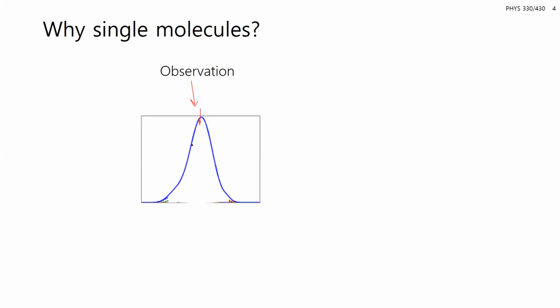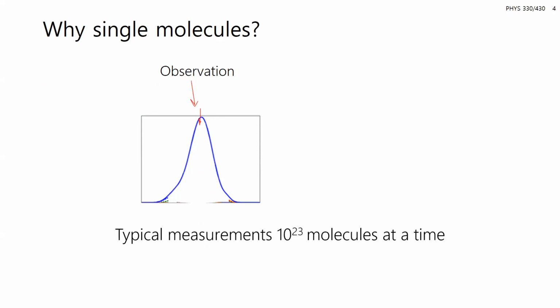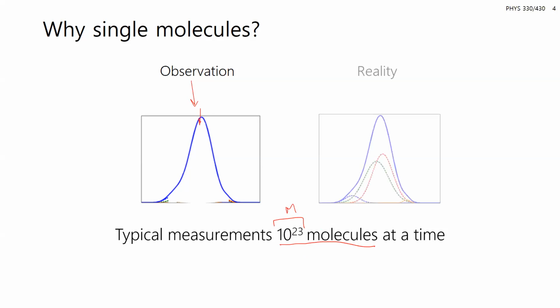But in actuality, there may be underlying heterogeneity, and these types of measurements are done, I would say, at molar, millimolar, or micromolar concentrations. With that order of magnitude, that's going to be 10 to some large power molecules at a time. If you take this measurement, there may be underlying populations that are behaving in very similar ways but are truly different.